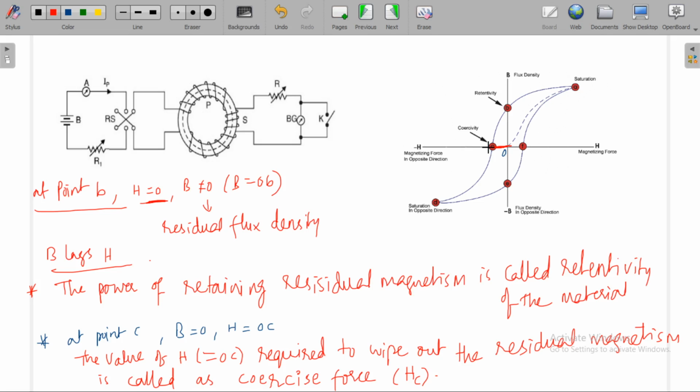You are going to get one complete loop. Now you can apply DC voltage like this and you can have the curve like this.